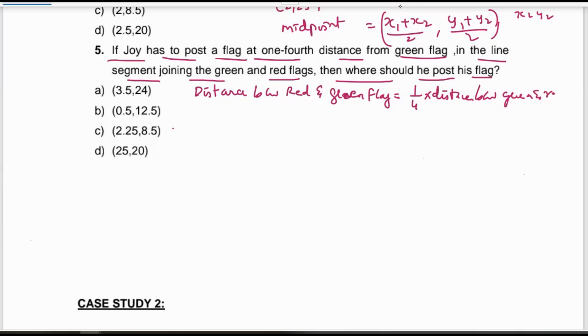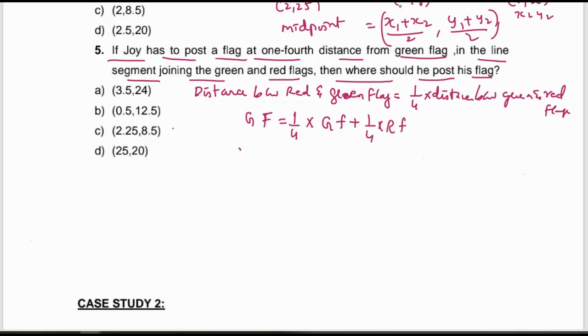So the green flag will be 1 by 4 times of green flag plus 1 by 4 times of red flag.